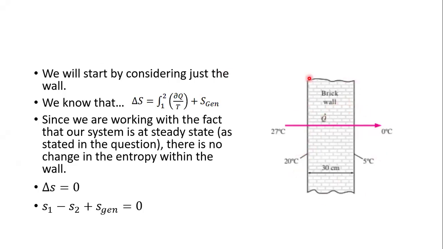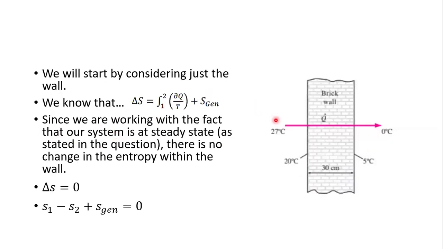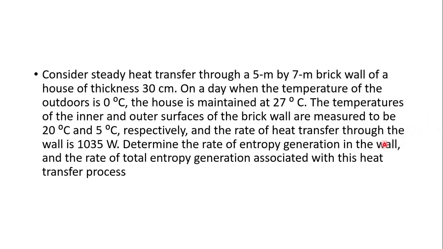The question is saying that on the wall surface, the outer surface is at 20 degrees Celsius. The inner surface is at 5 degrees Celsius. So that's what we see here. The inner and outer surfaces of the brick wall are measured to be 20 and 5 degrees Celsius respectively. And we're also told that at the outer part of the wall, the air there is 27 degrees Celsius. And on the inner part of the wall, that's inside the house, the temperature of the environment there was 0.